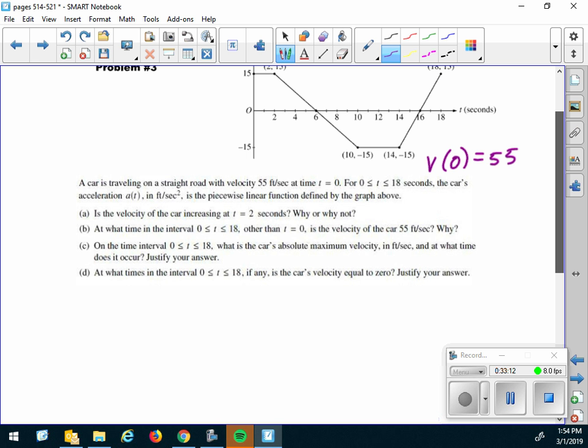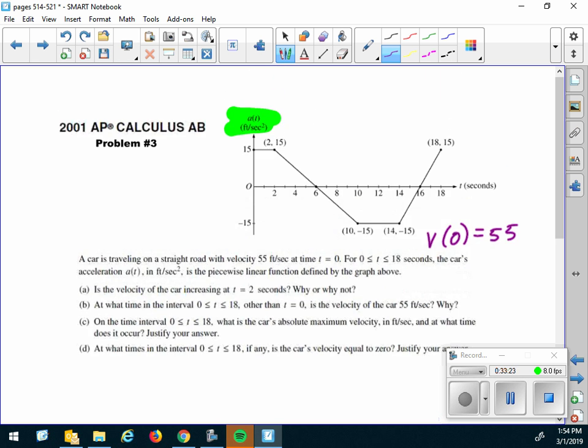Is the velocity of the car increasing at t equal 2 seconds? Why or why not? Good. We know that the acceleration at t equal 2 is positive because the graph is above the x-axis at t equal 2. So when acceleration is positive, velocity is increasing.